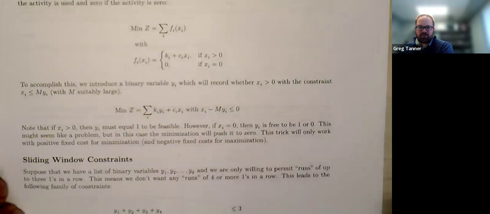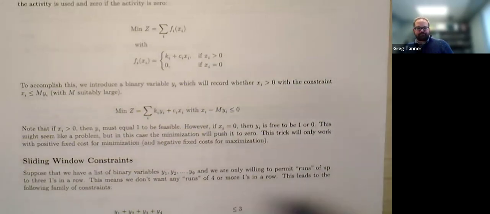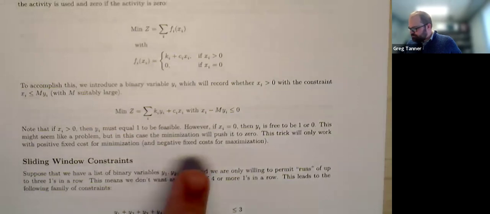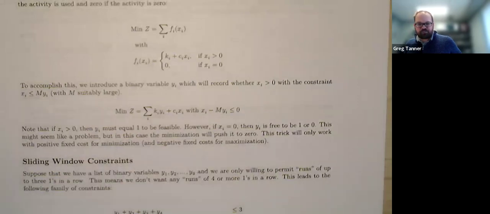This trick, though, only works when you have a positive fixed cost for minimization or a negative fixed cost for maximization. Otherwise it wouldn't really work to have the optimization push it off.